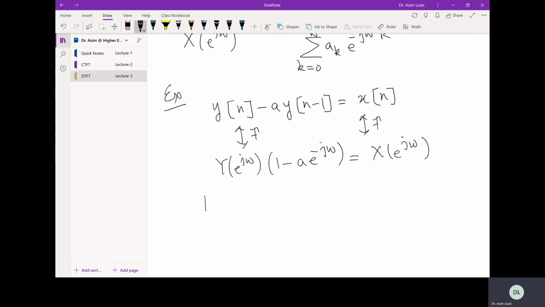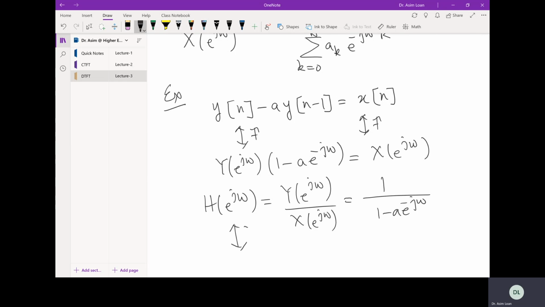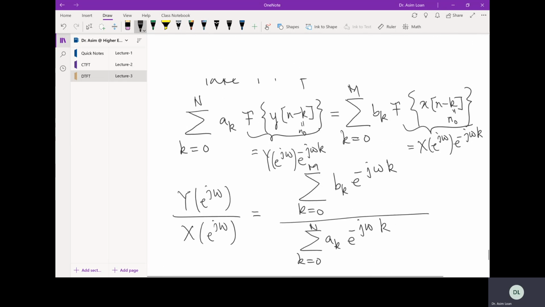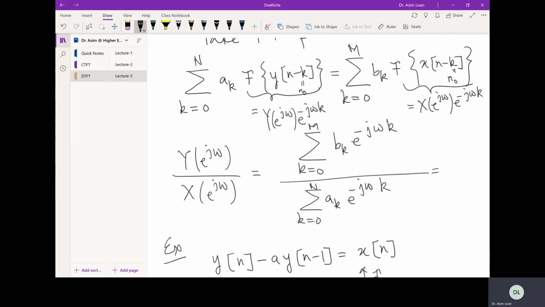So H(e^{j omega}), which is Y over X, is simply 1 over 1 minus a e^{-j omega}.